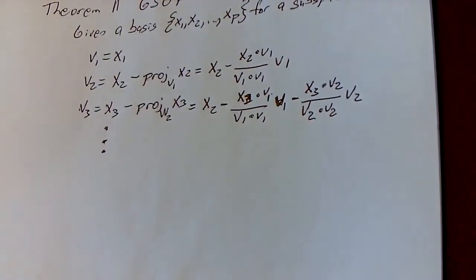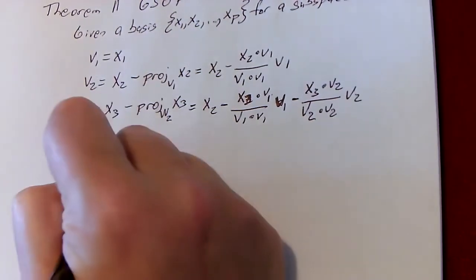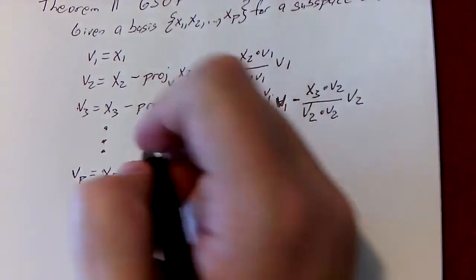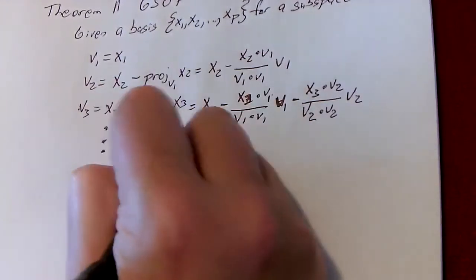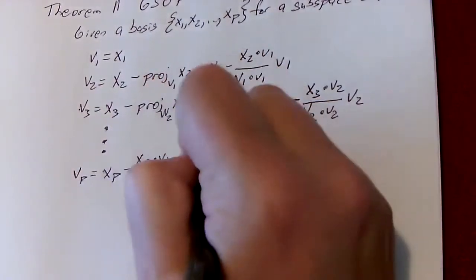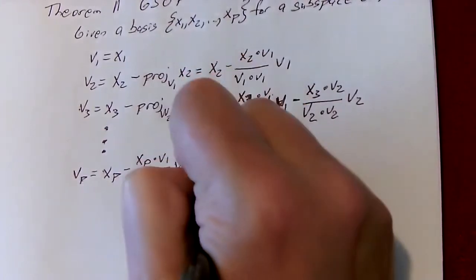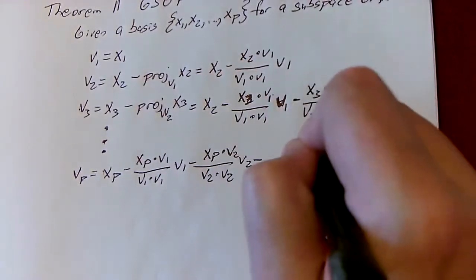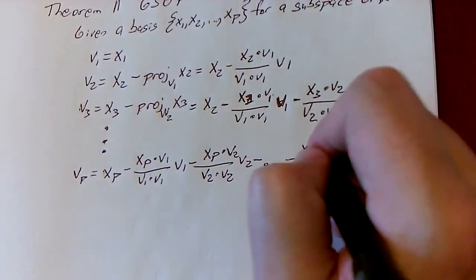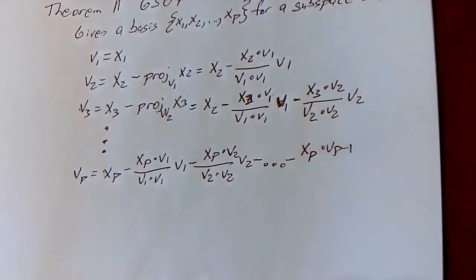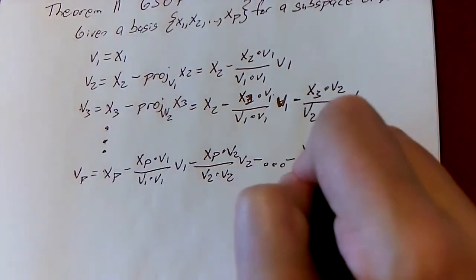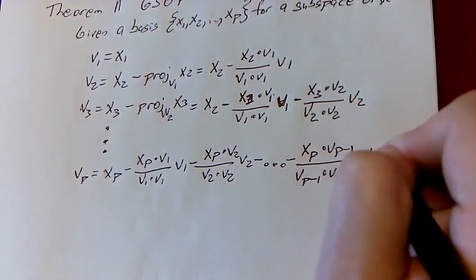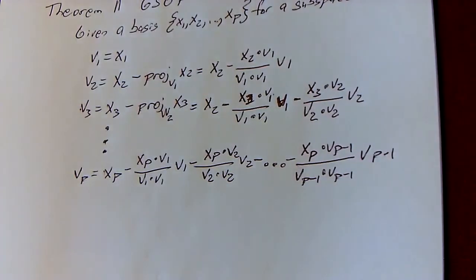So for example, VP would be XP minus the projections: XP dot V1 over V1 dot V1 times V1, minus XP dot V2 over V2 dot V2 times V2, minus, and then we would continue all the way to a very last one, which would be XP dot VP minus 1, because we would be one short on vectors at that point, divided by VP minus 1 dot VP minus 1, and multiply all of that times VP minus 1.